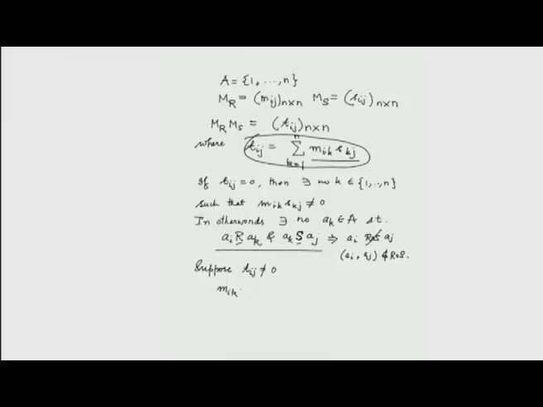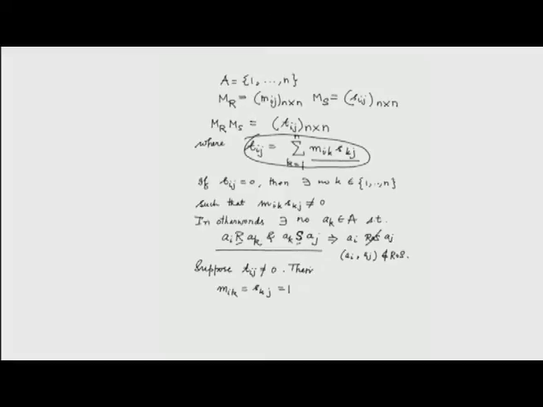Therefore, if T_ij is not 0, there has to exist at least one k such that M_ik equals S_kj equals 1.